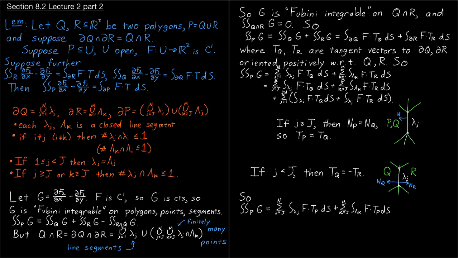And then we notice that these two terms up here must cancel with each other because the tangent vector to R and the tangent vector to Q point in opposite directions. And so we're only left with the line segments that are on the boundary of P. And in fact, that's precisely integration over the boundary of P. And that's exactly what we were trying to prove.